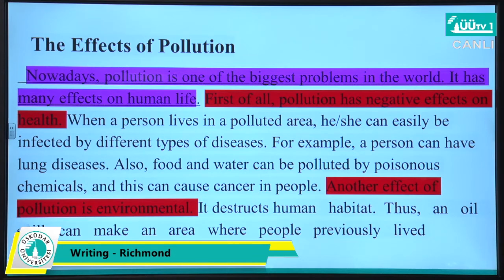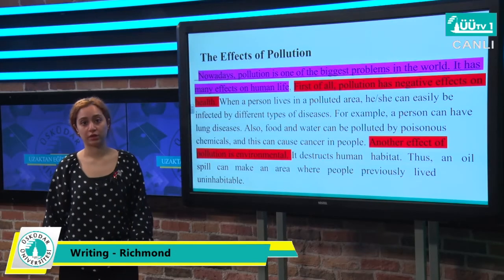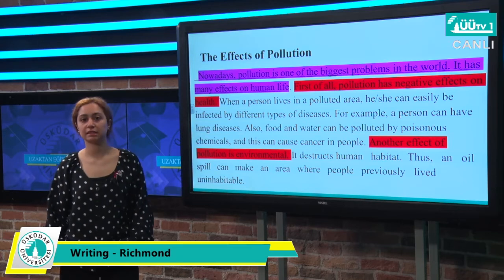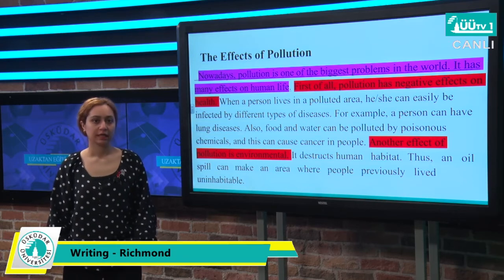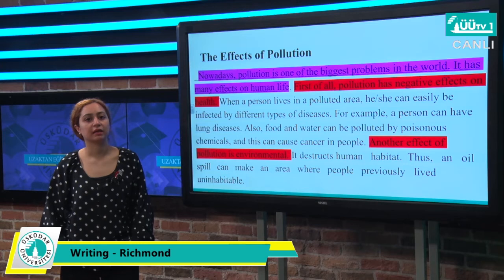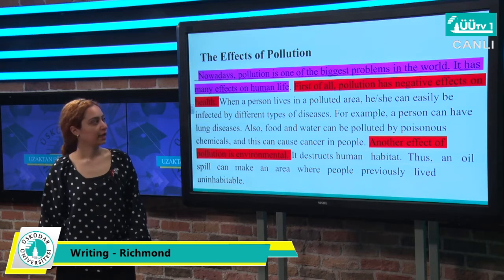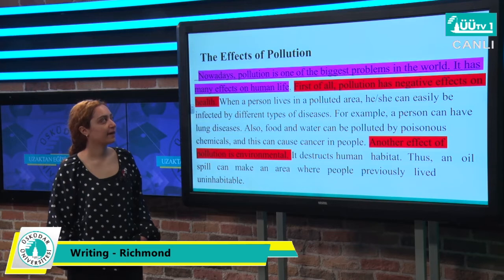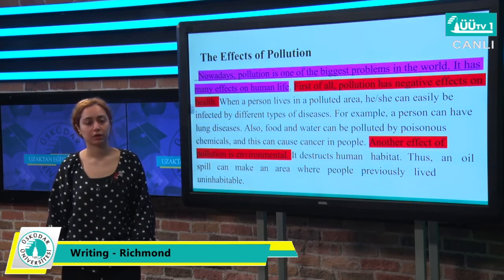This is our topic sentence. So the first sentence is our general statement. It gives us a background information. And the second sentence is our topic sentence. It gives us the main idea of our paragraph. The main idea is it has many effects on human life.